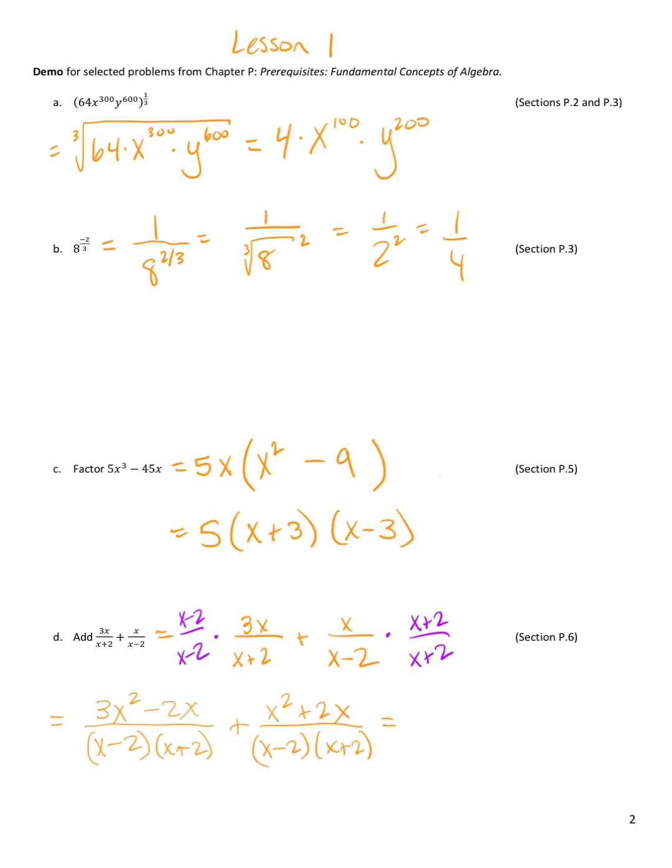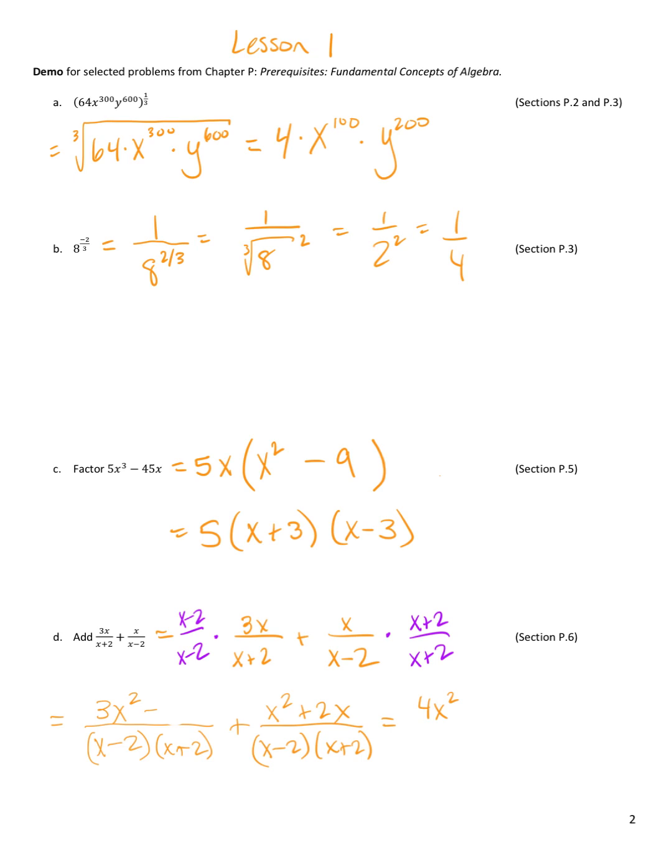And once you have a common denominator, you just add the numerators when you're adding fractions. So I'm just going to combine like terms in the numerator. And I have 3x squared plus x squared, which is 4x squared. And minus 2x plus 2x, which is, oh, I made a mistake. Oops. Okay. Back here, this should be 3x squared minus 6x.